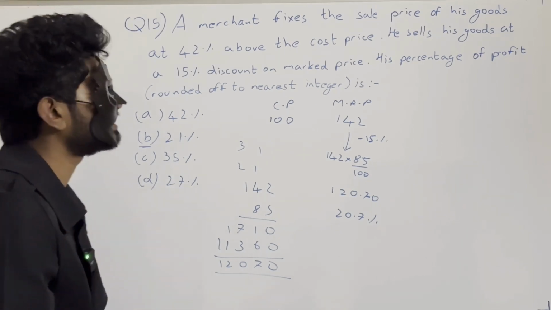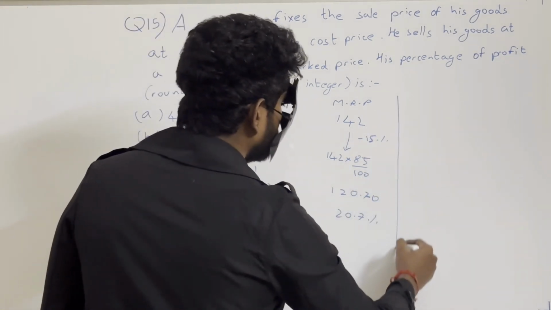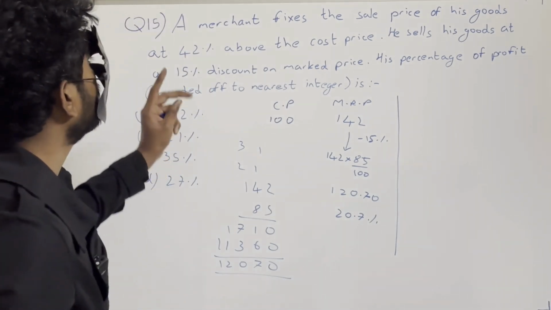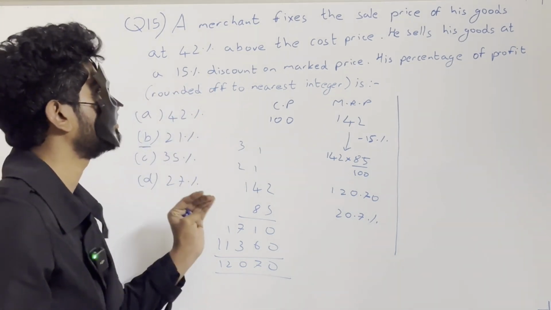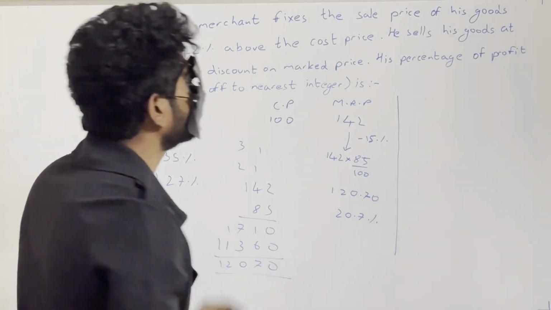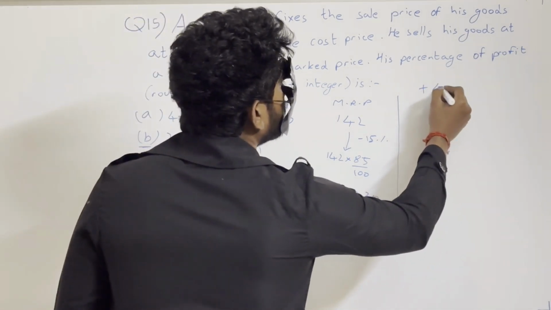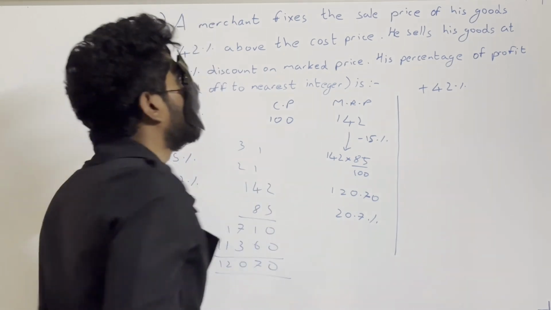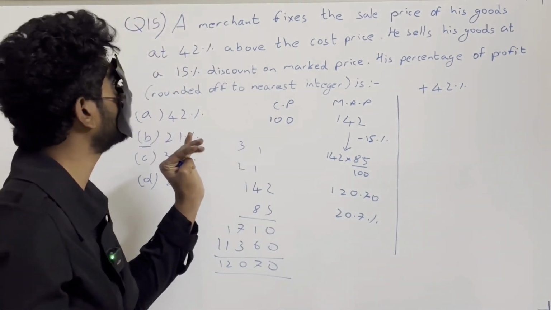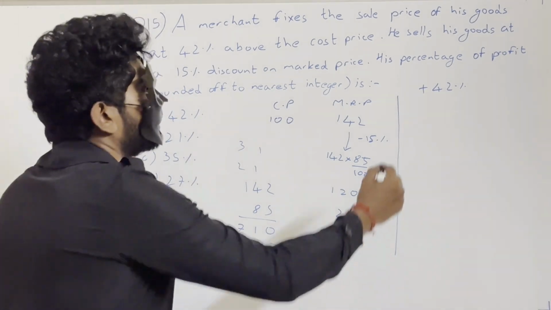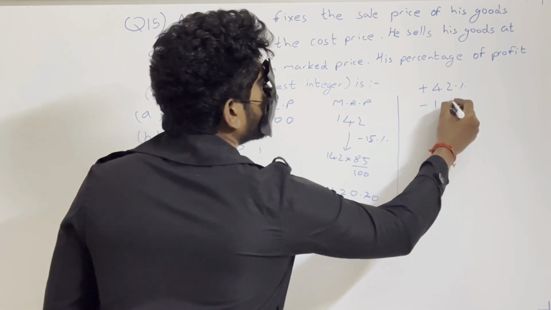And there is another method also, I will teach you that. On the cost price, he is marking it up by plus 42%. After marking it up by 42%, he sells it at a 15% discount on that mark price, so minus 15%.